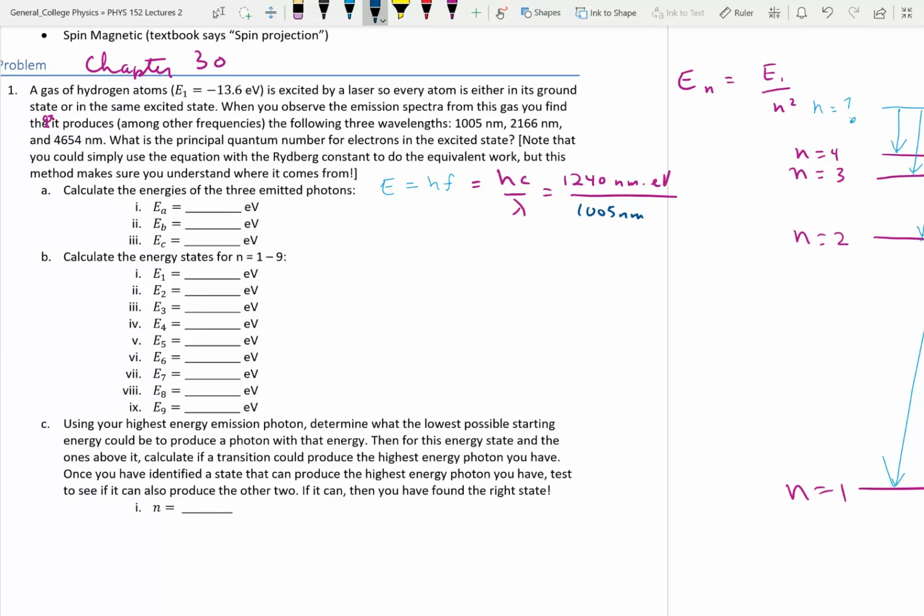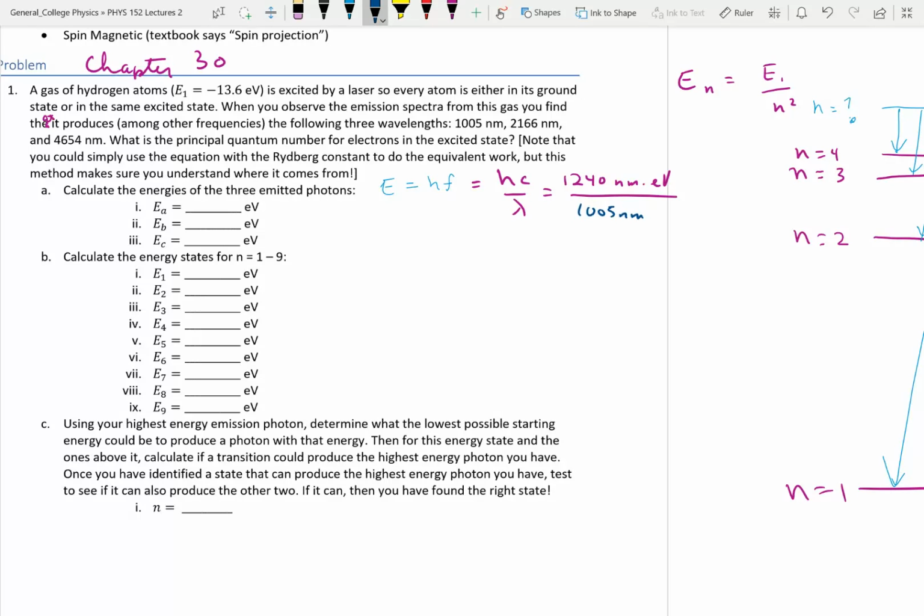So I have wavelength 1 is 1005. Wavelength 2 is 2166 nanometers. And wavelength 3 is equal to 4654.